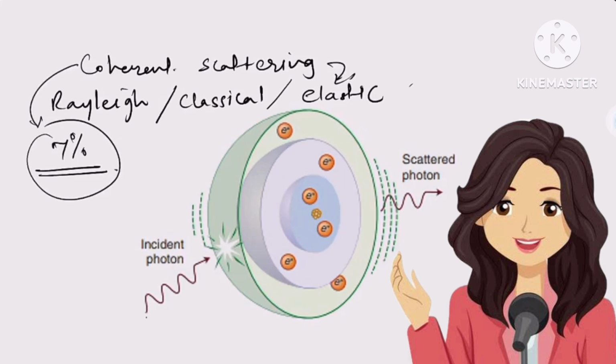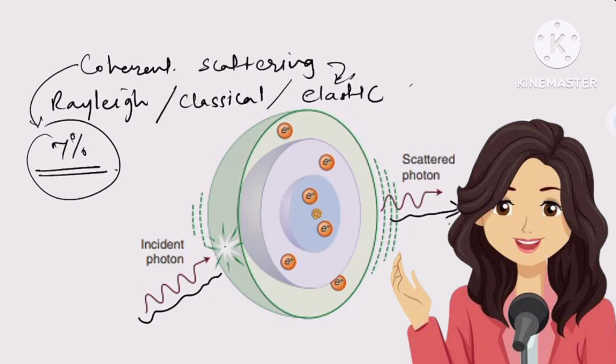Meaning the incident photon comes and hits the whole atom and vibrates it. The atom becomes unstable for some time, and then the photon which has come is scattered in a different direction with low energy.